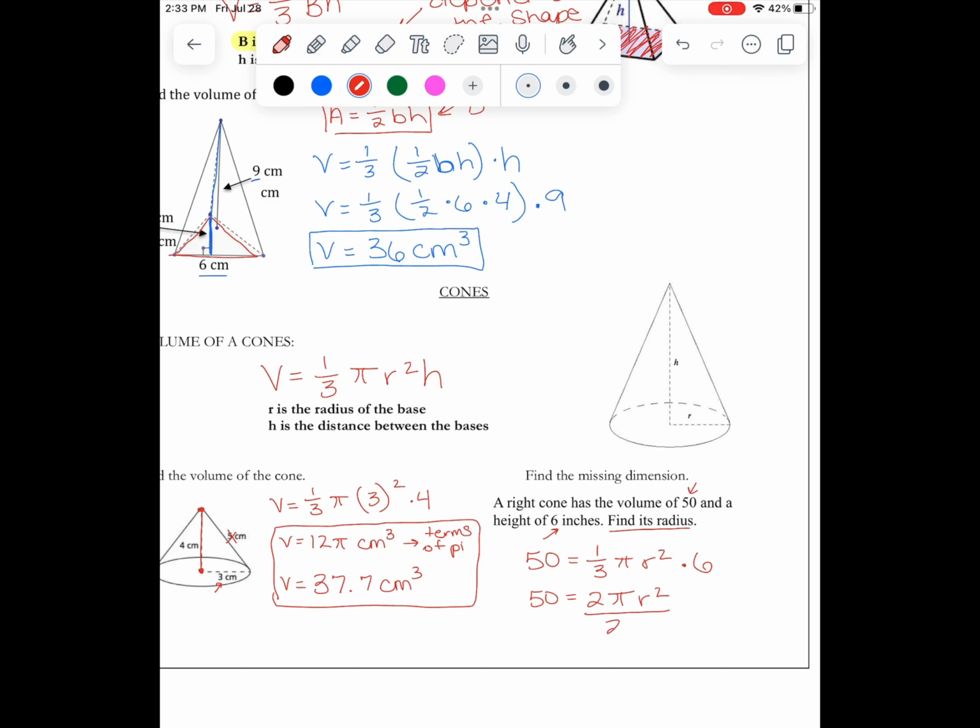My next step will be to get rid of my 2 pi, so I'm going to divide by 2 pi on both sides. So I'm left with r squared is equal to 50 divided by 2 pi.